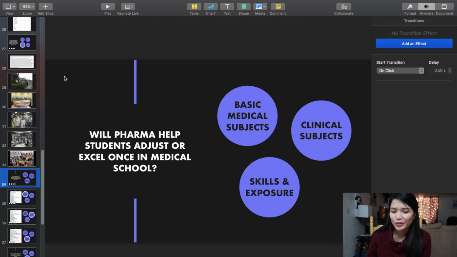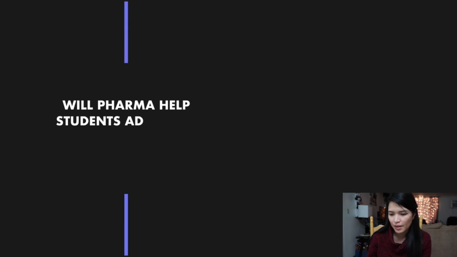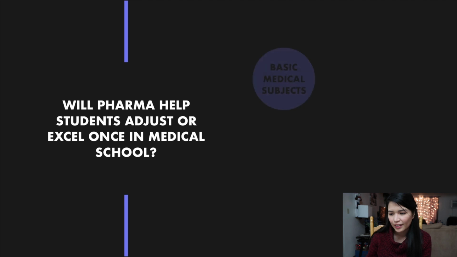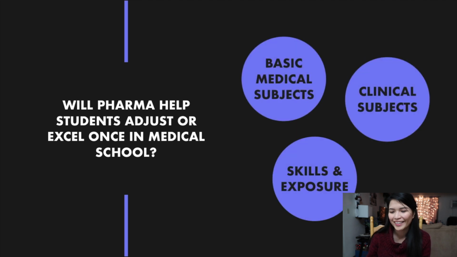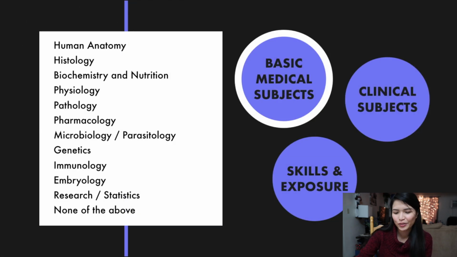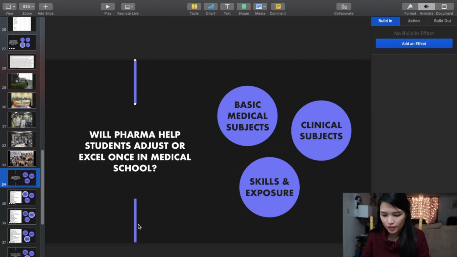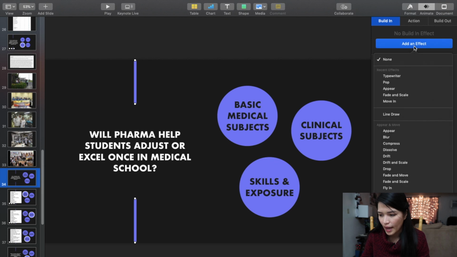Okay, so I'll show you how I animate this slide and make it look like this. All right. Whoa, I'll show you how to do that as well. So for these two lines, just add an effect.